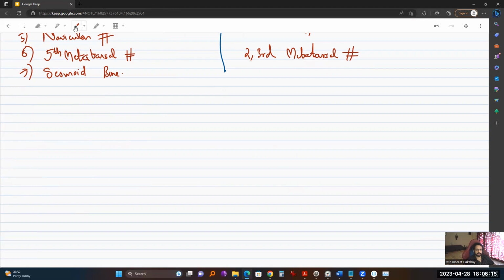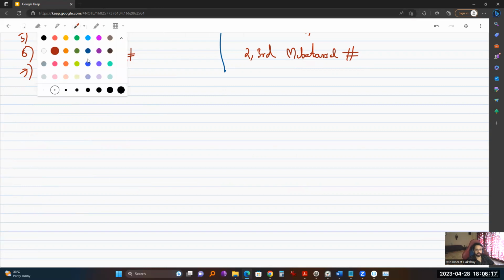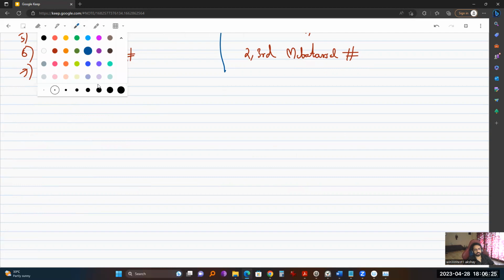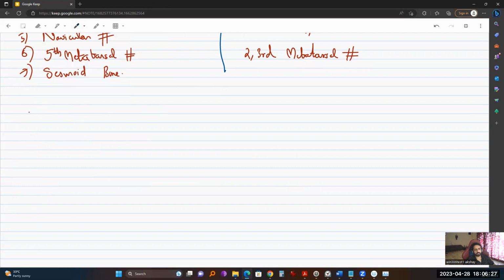Before concluding, I'll discuss one interesting case. It's an MRI image. Suppose it's an old lady who gets intense pain in the knee.